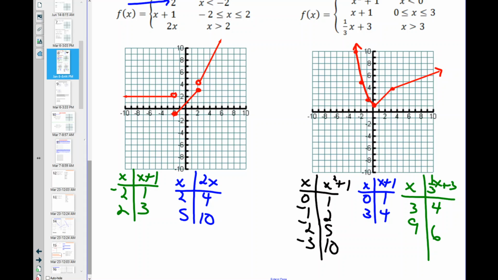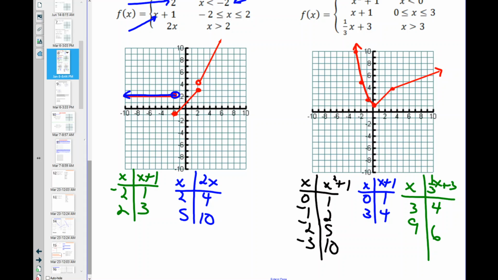So I found 2, and I drew a horizontal line. I just had to pay attention to the domain, which only wanted it to be less than -2. So I drew an open point at -2, 2, and then drew a horizontal line to the left of that.